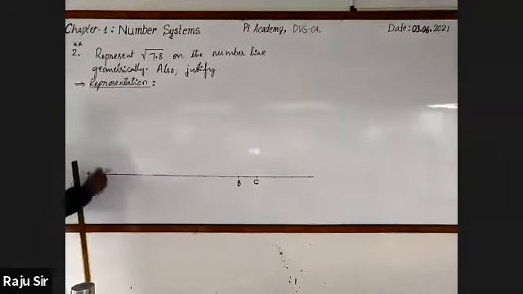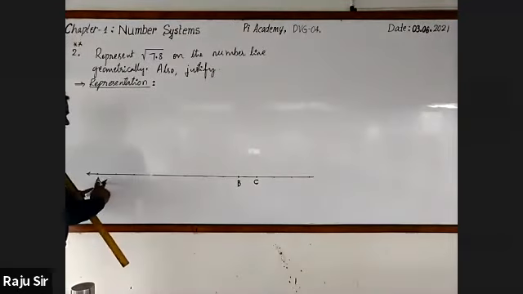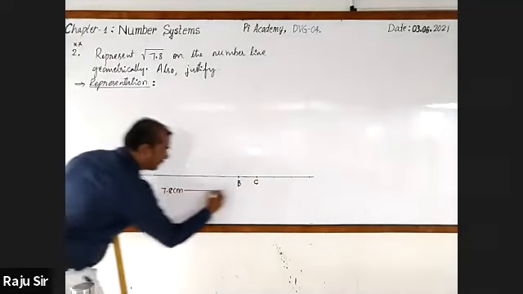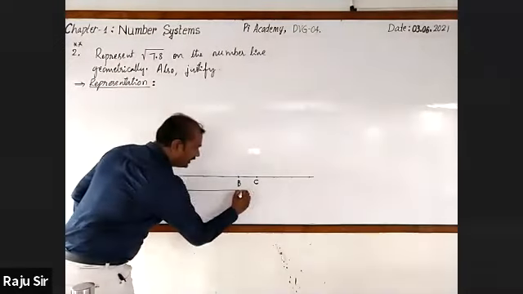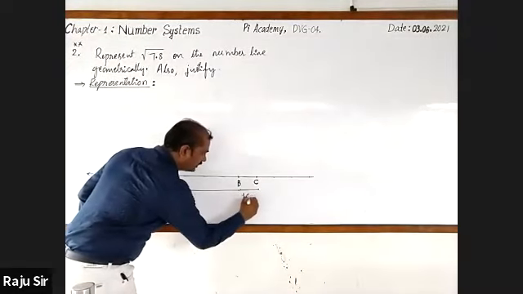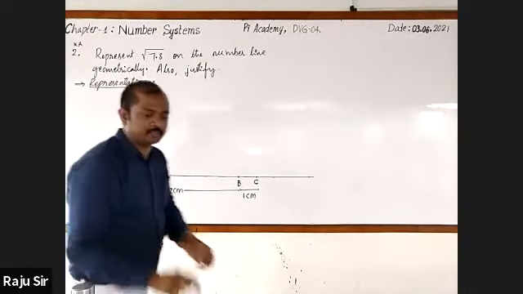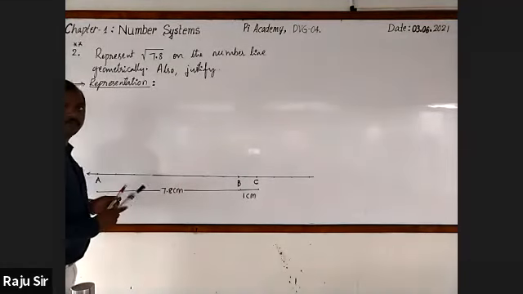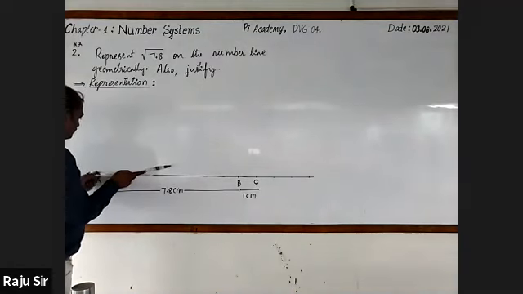It is 7.8 from A. Mark the point B at a distance of 7.8 centimeter from A. Next, B to C is 1 centimeter. Over. Next, draw the perpendicular bisector to AC.